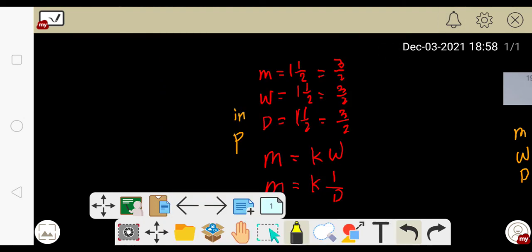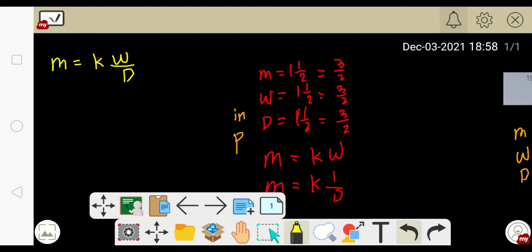So from here, we are going to combine these two equations right here. So we got m is just equal to k times w over d.